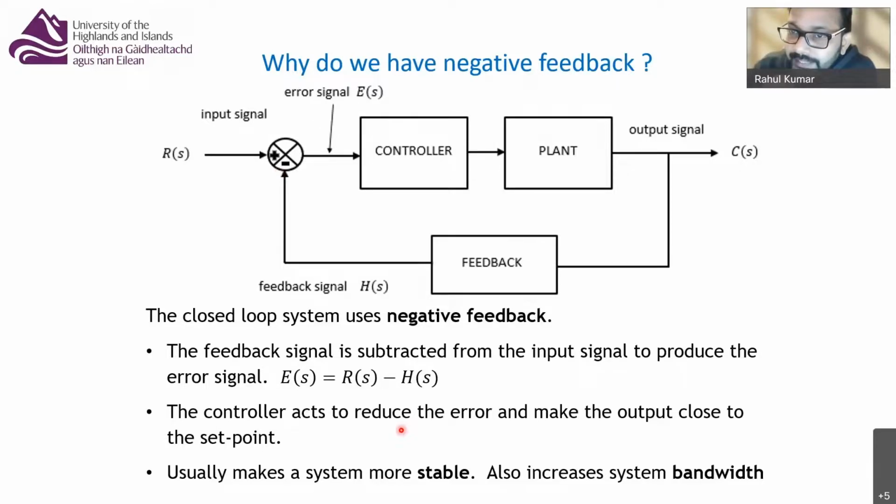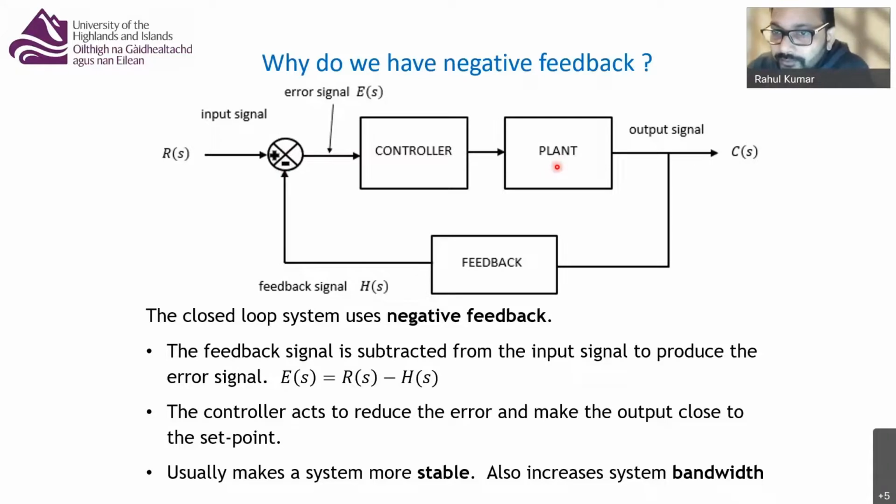By negative feedback, you are calculating the error between your input and your output, and then according to the error, your controller and the plant try to reduce that error. Okay.